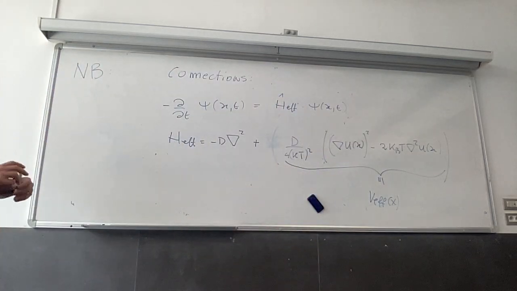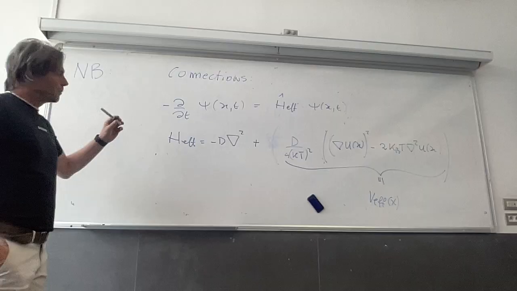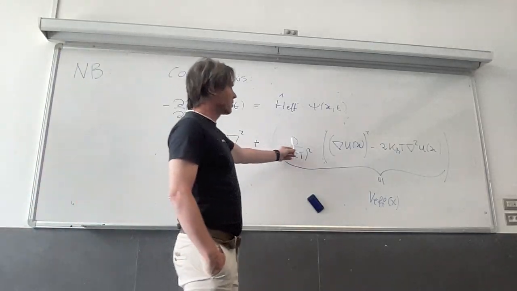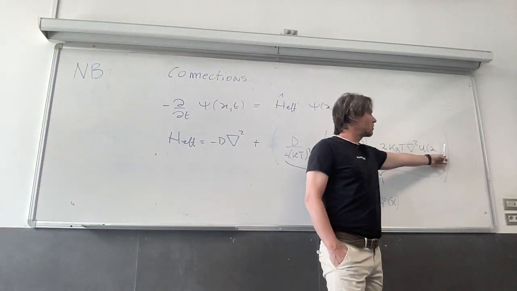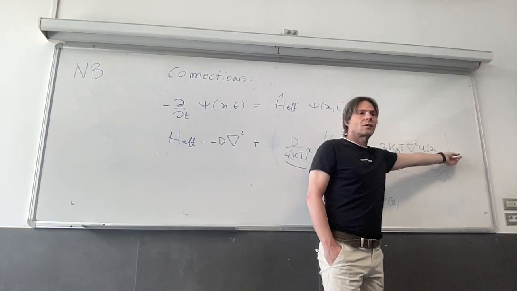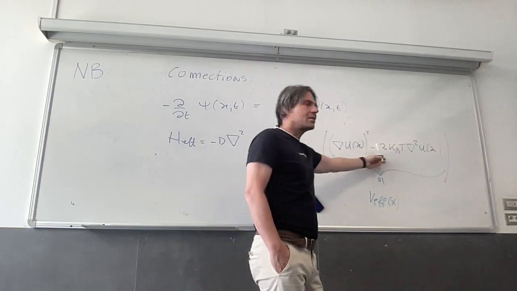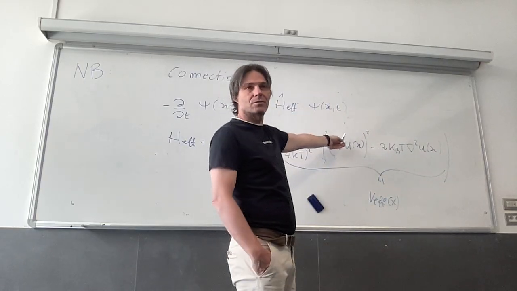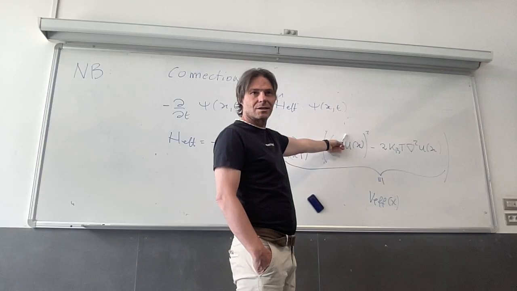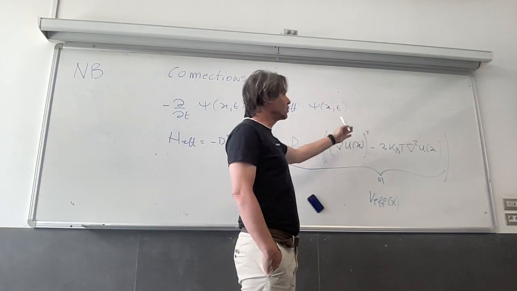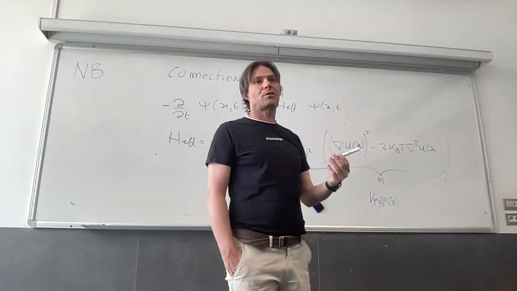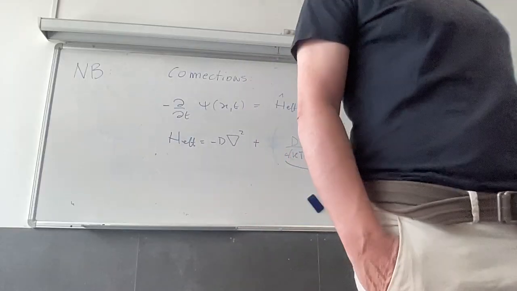So why do I say it's surprisingly beautiful? Because you see, this operator doesn't contain derivatives acting on the probability. It only contains derivatives of u. Right? So this is a multiplicative operator, just like the potential energy in the Schrödinger equation. Right?